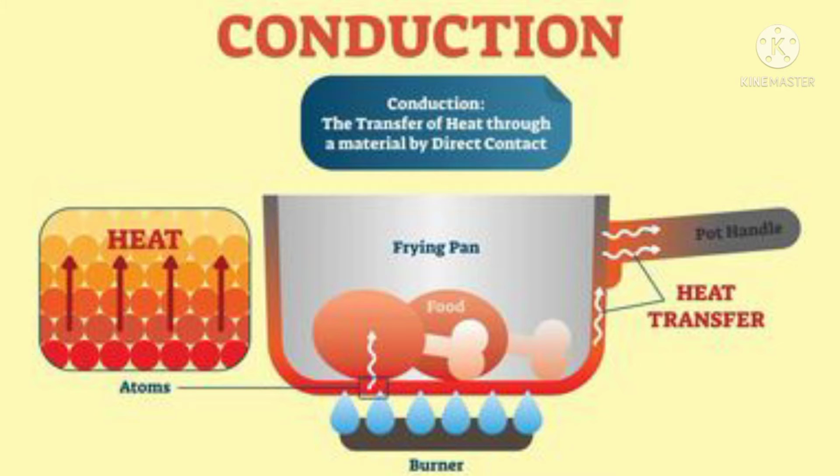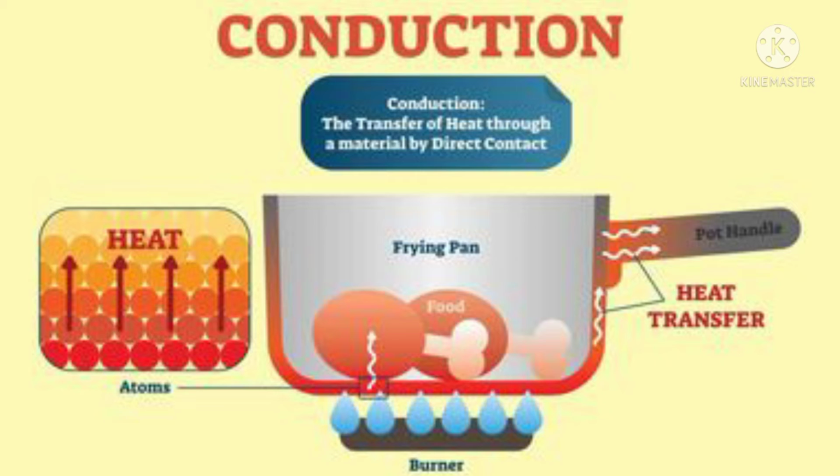Heat can be transferred in many ways, and one of which is through conduction. In conduction, heat is transferred from hotter to colder objects, and they must be in direct contact or touching each other.